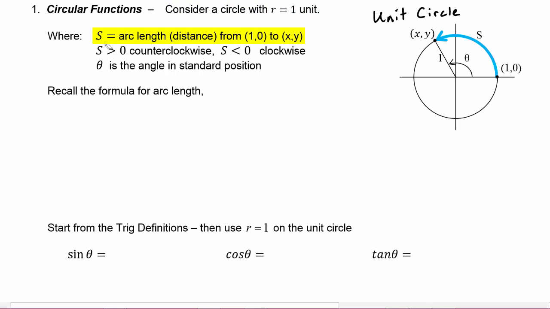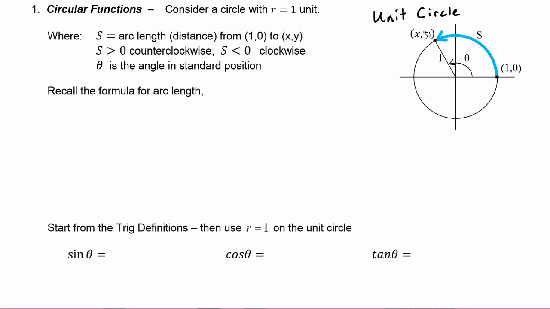Now, S is going to stand for the arc length, which is a physical distance from the point 1, 0 over here to the point x, y. So the units of S would be feet or inches, miles, kilometers, meters, etc. S is the distance you would walk if you started at the point 1, 0 and walked along the arc until you got to the point x, y.